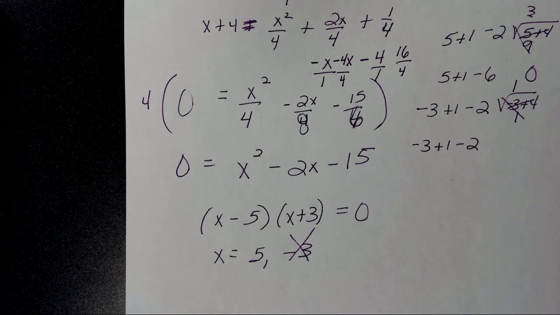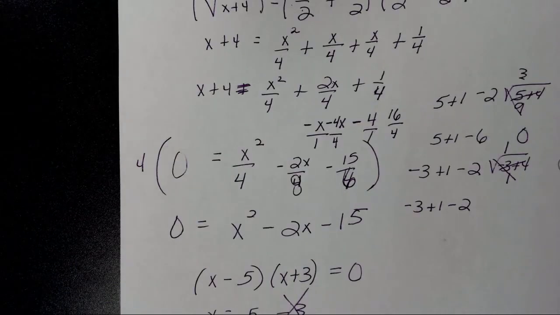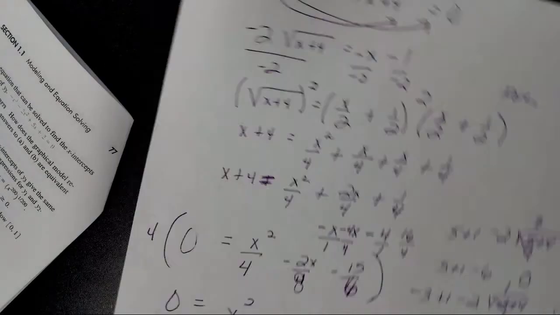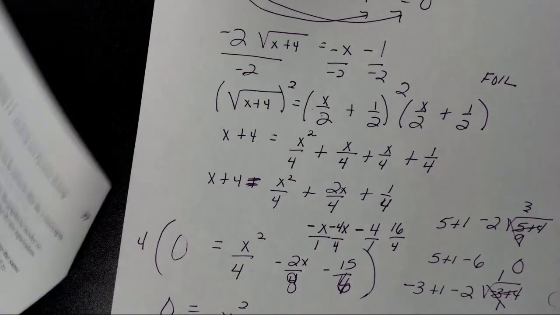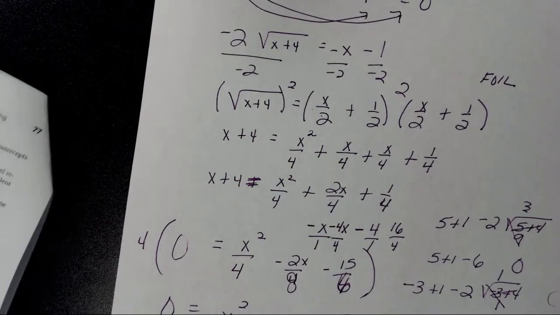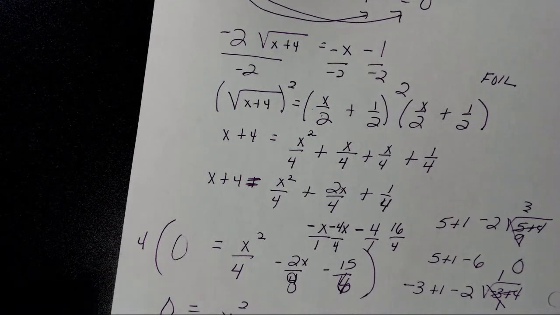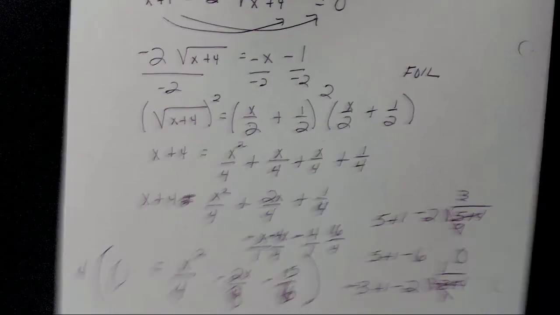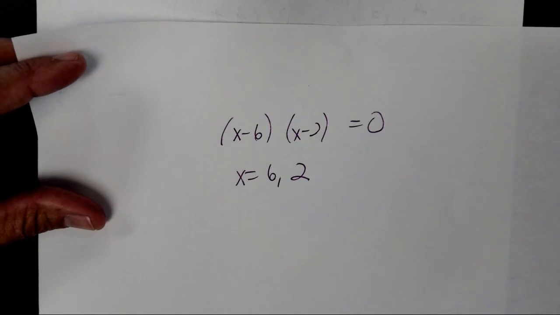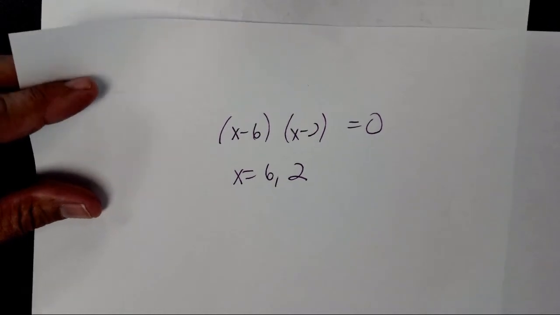Where did my quadratic go? I think it was this one. I just didn't write it down. I wrote it down on another piece of paper. So those were my solutions, 6 and 2.